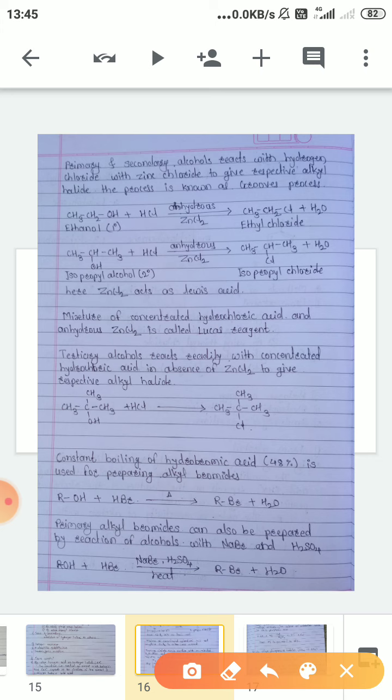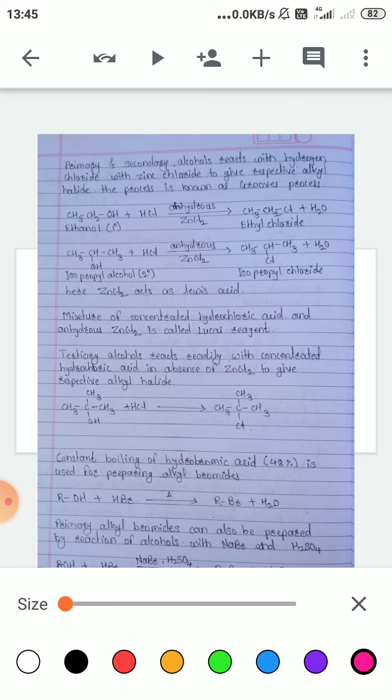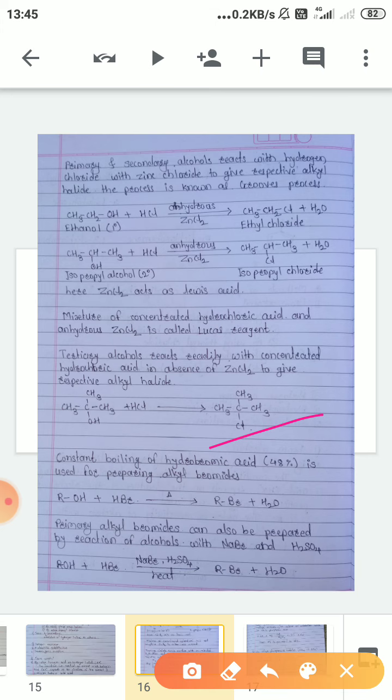Alkyl bromides we can also prepare by heating sodium bromide in sulfuric acid, and a good yield of alkyl iodides can be prepared by the reaction of sodium or potassium iodide in phosphoric acid.